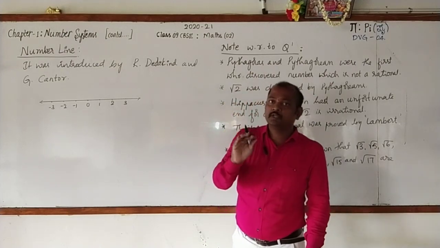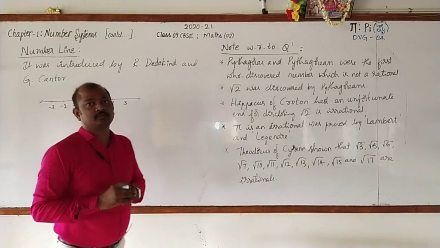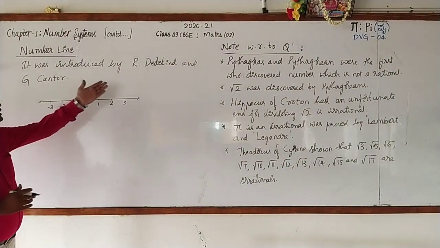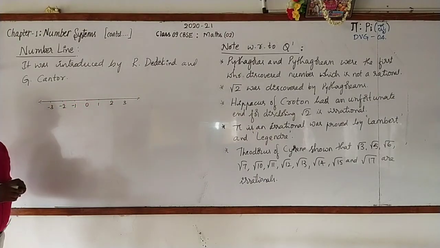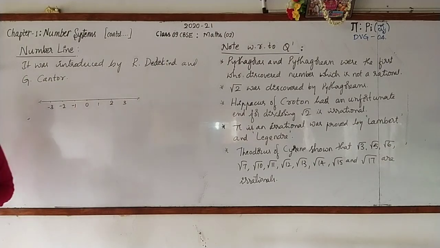Similarly, corresponding to any point, there will be a number. So this statement was given by these two mathematicians, Dedekind and G. Cantor. It's an important point. Please copy this. It has been given in the textbook as well.